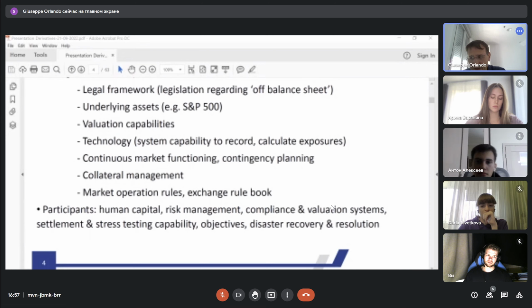That collateral is meant to protect the counterparty, because every time that we enter a deal, especially regarding derivatives, there is one side that could be the buyer and the other side the seller. The one that is bearing the risk also has the duty to post a collateral to protect the counterparty against that risk.